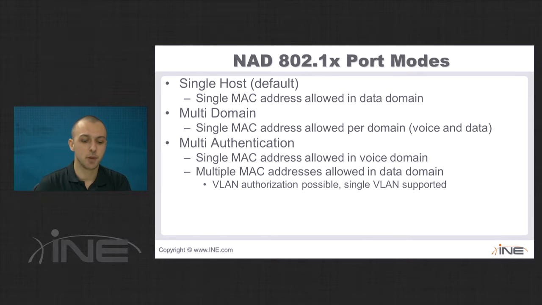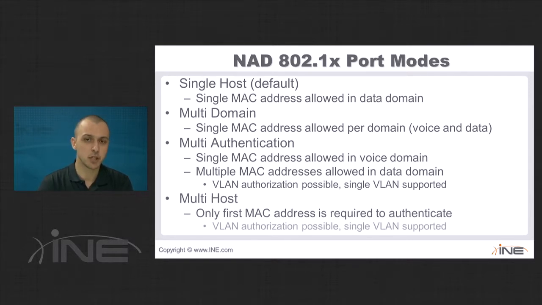You also have something called multi-host. With multi-host, the switch will enforce authentication for only the first MAC address that it sees inbound on the port. The following MAC addresses will be allowed, so traffic from them will be allowed without being authenticated.